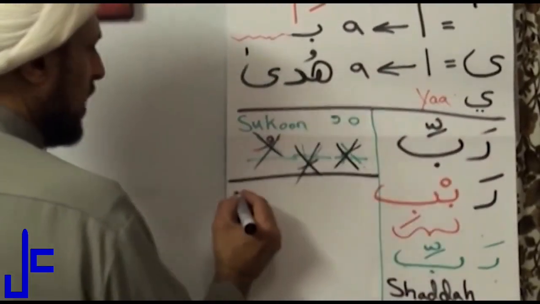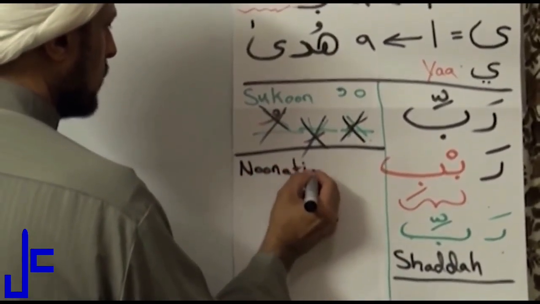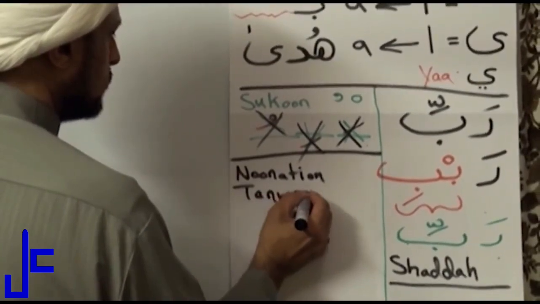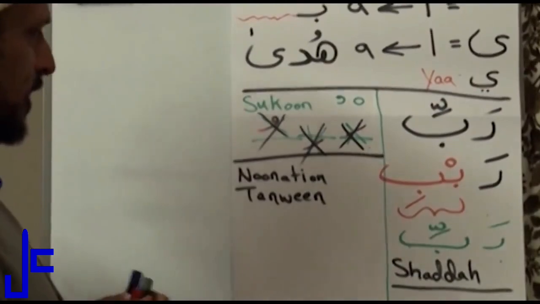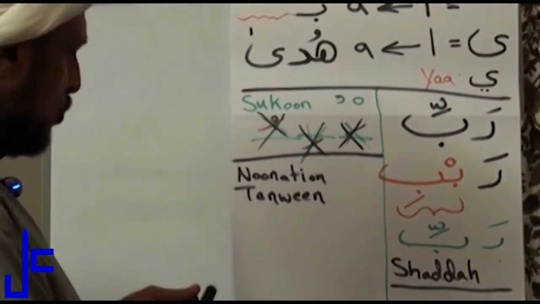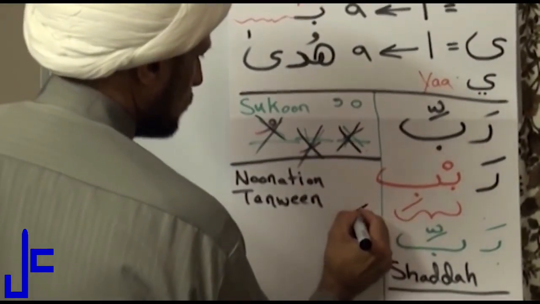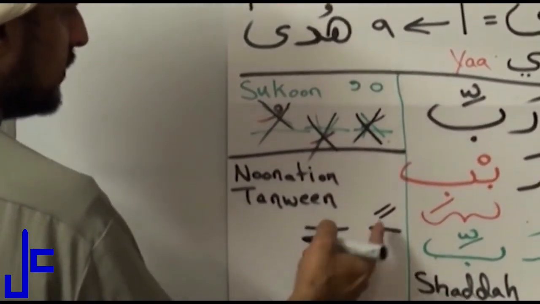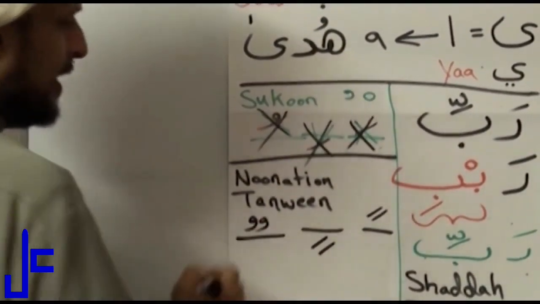Okay? Now we have nunation. We call it tanween. Tanween is whenever you find double fatha, double kasra, double damma, there is a silent noon.